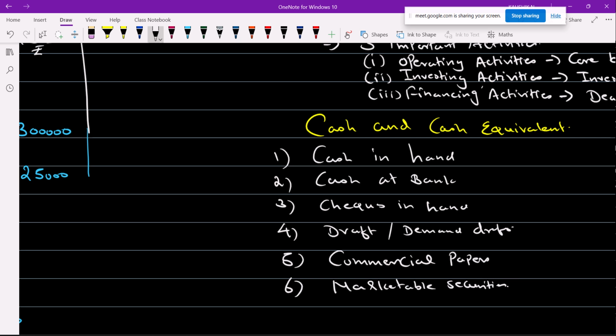These are all the items that come under the category of cash and cash equivalent.